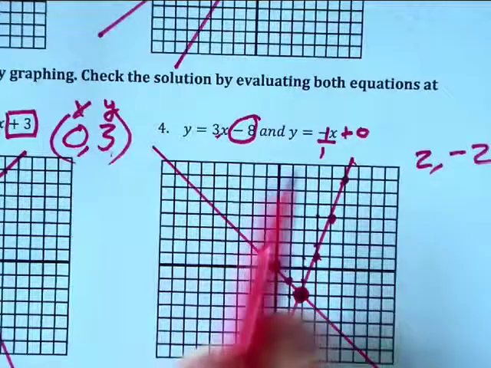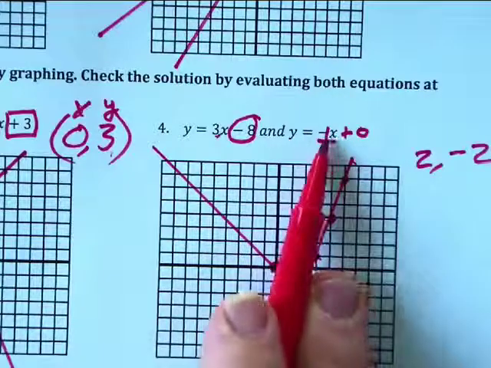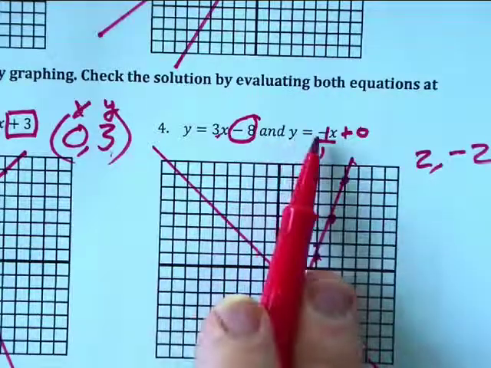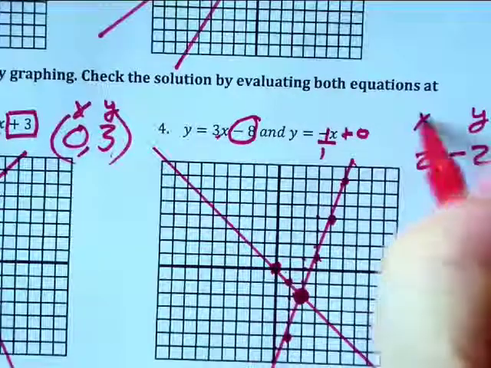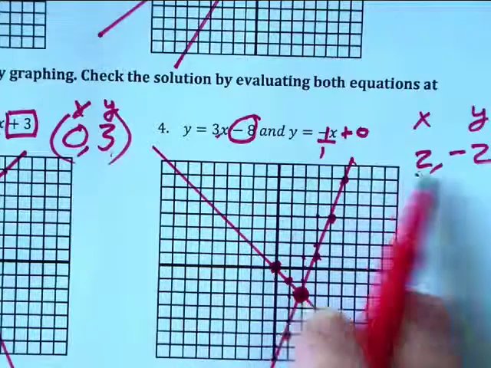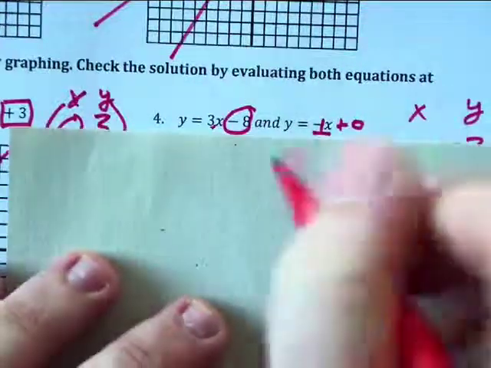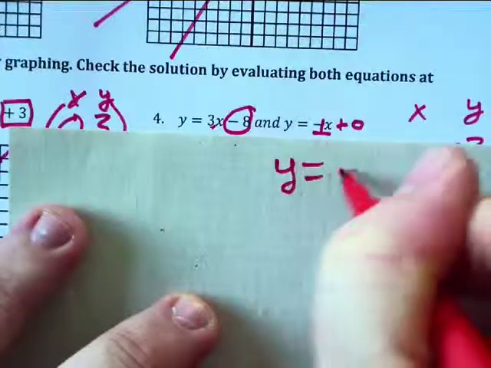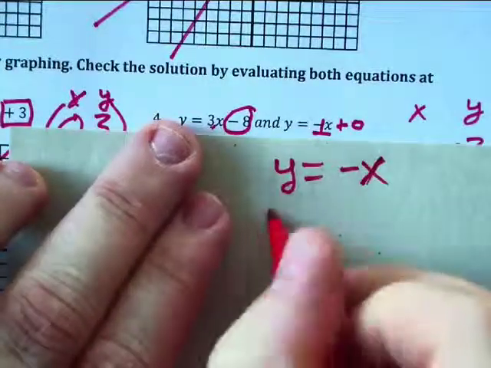So let's see if that works. Okay, y equals negative x. We plug it into the original, y equals negative x. Well, remember, this is y, this is x. Does negative 2 equal negative 2? The answer is yes. Okay, just so you can see what I'm doing, I'm just saying y equals negative x, and then I'm plugging them in.